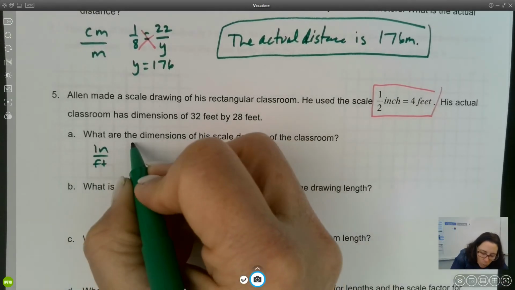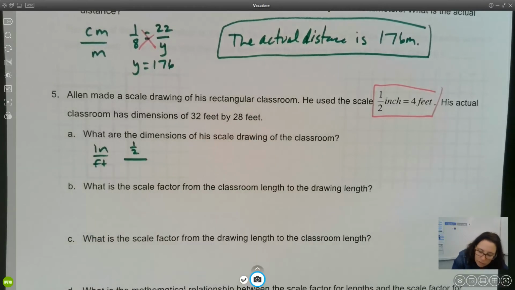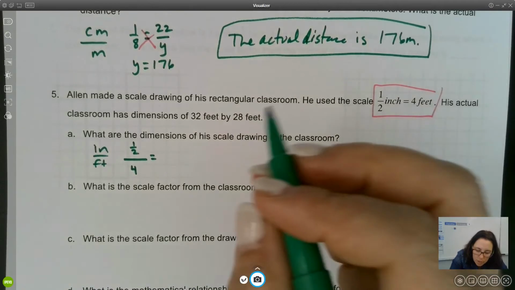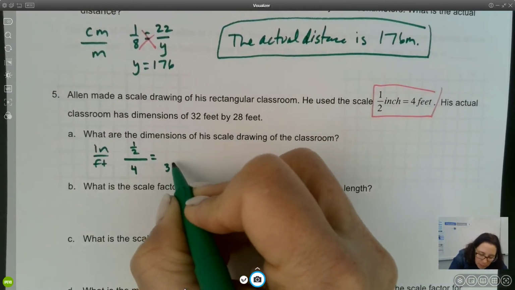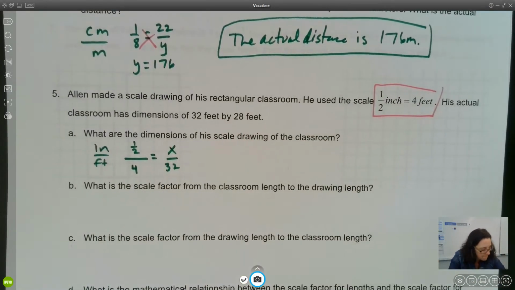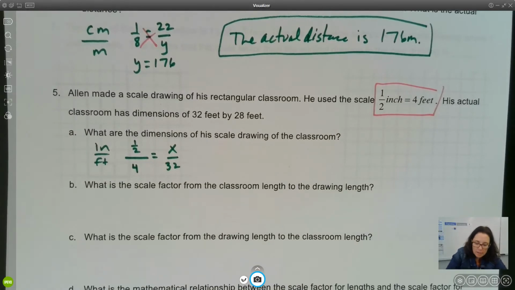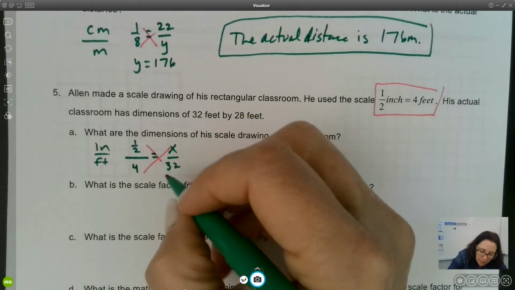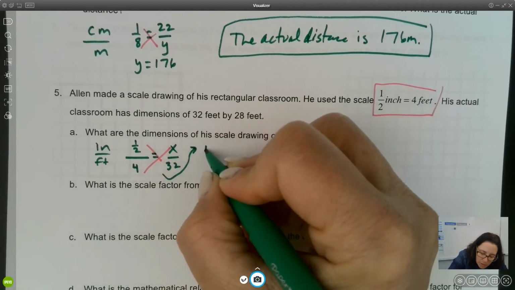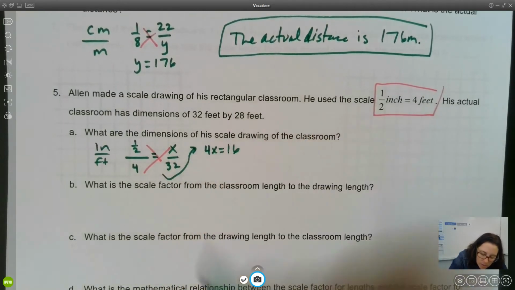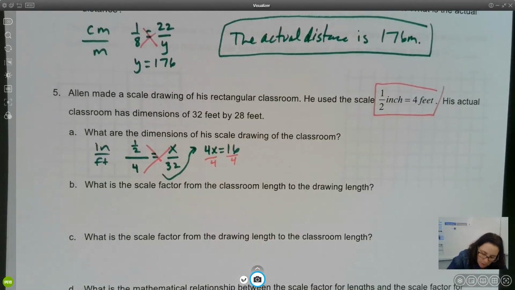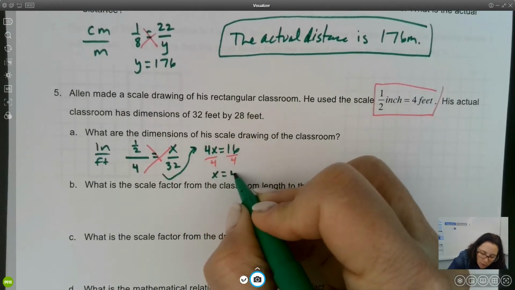And I'm going to have 1/2 over 4 equals 32 feet. That better be on the bottom. So I've got 4x equals 16. Divide by 4. And you get x is 4.